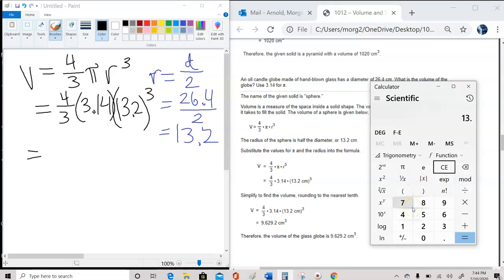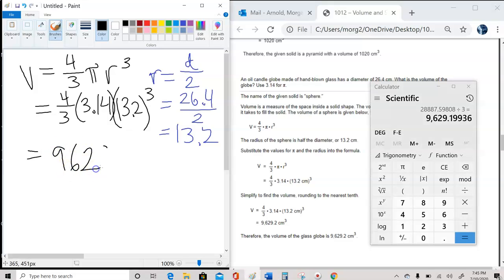So 13.2 cubed has to go in first, times 3.14, times 4, and last step, divide by the denominator 3. Again, to the tenths place, the volume of our candle globe is roughly 9,629.2 cubic centimeters.